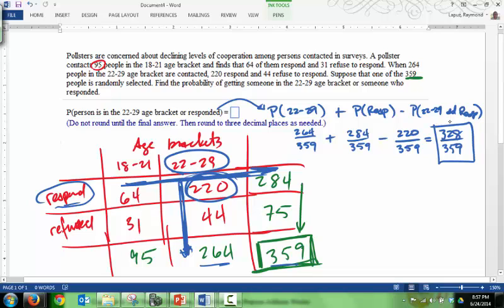Right? And since this is like a complicated fraction, you probably want to just punch it in and get a decimal or percentage. 0.9136. So 91%, that's a pretty high percentage, or a pretty high probability.